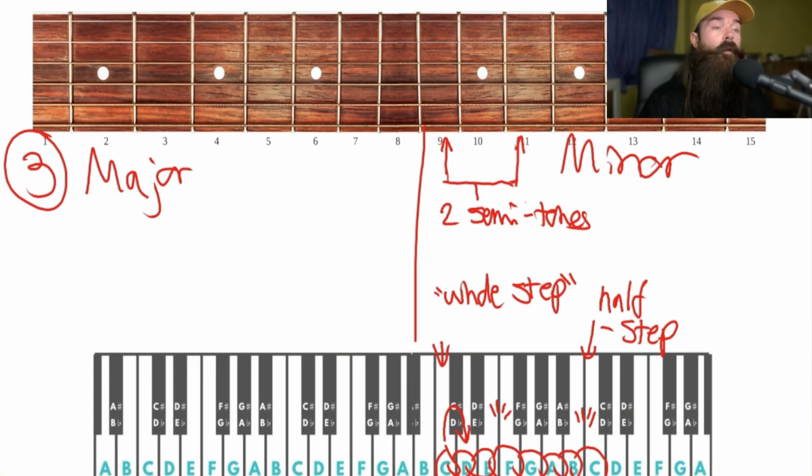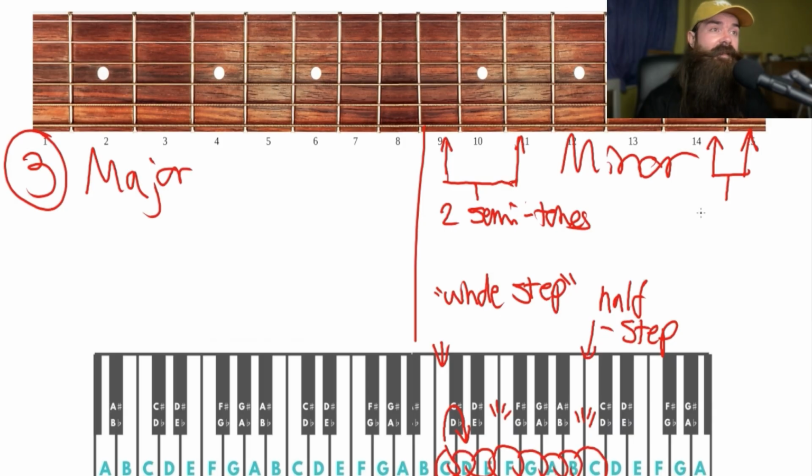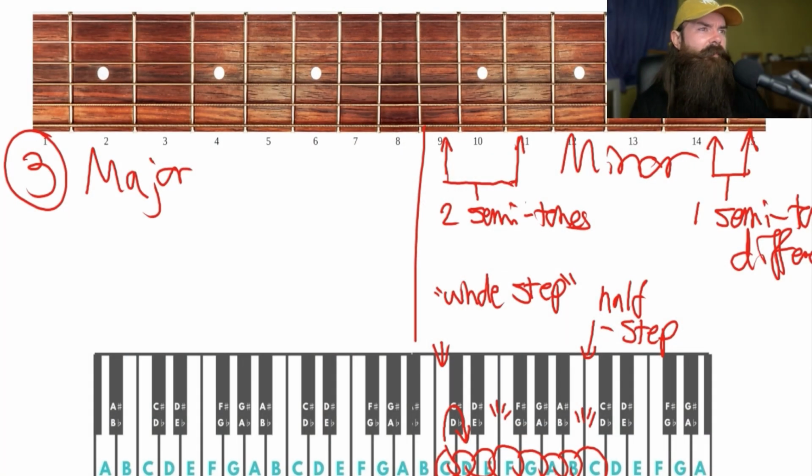So the natural scale inherently is a series of whole and half steps in a very specific order. If I'm talking about a half step difference, let's say between B and C, I'm only, on the guitar for example, going one fret between B and C. So that means there's one semitone difference. This is the difference that we're talking about. We've got whole tones, whole steps, and we've got semitones and half steps. They're the same thing.